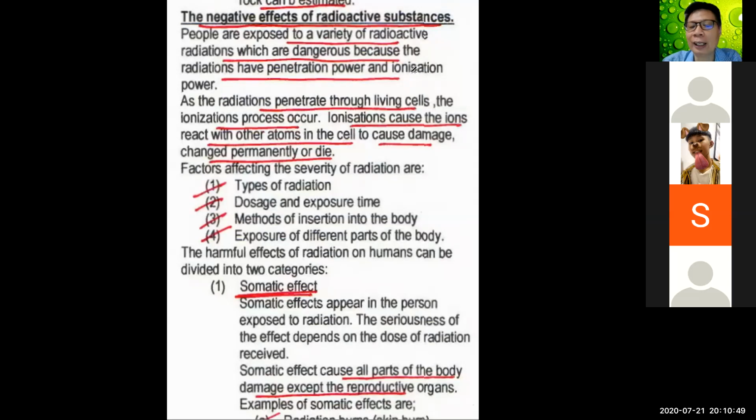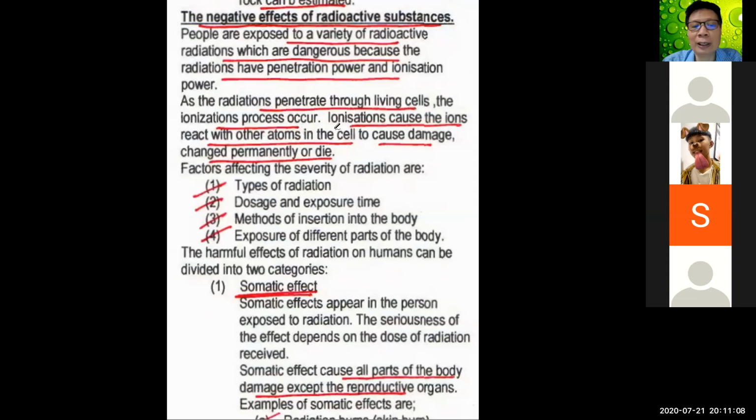The negative effect: as radiation penetrates through the living cell, ionization can occur. Ionization causes ions to react with other atoms in the cell.